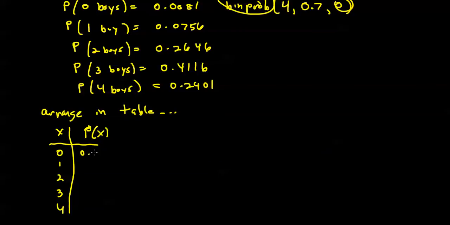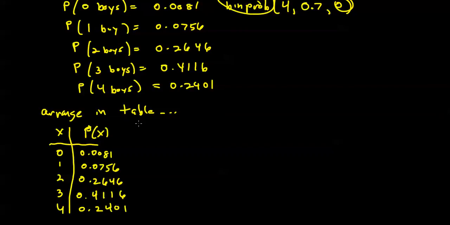Give me a second to write these out again. 0.0081, 0.0756, 0.2646 for the 2 case, 0.4116 for the 3 case, so 4 there, and 0.2401 for the 4 case.